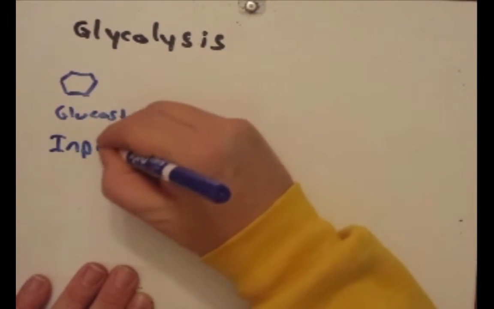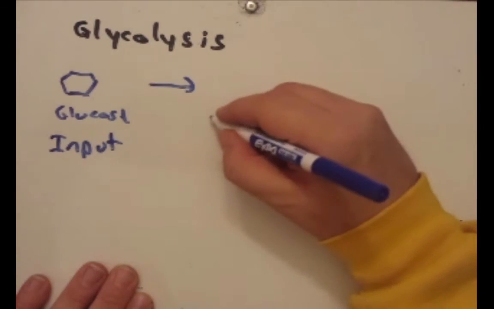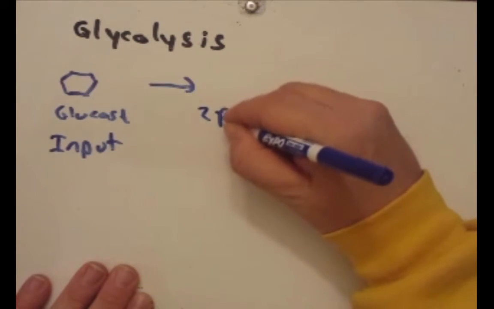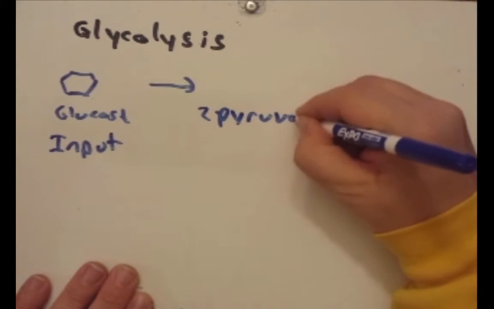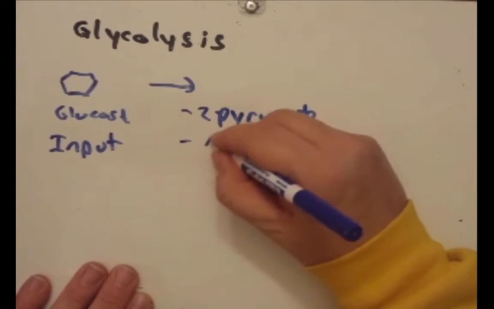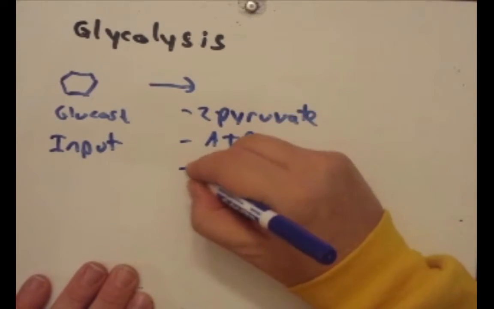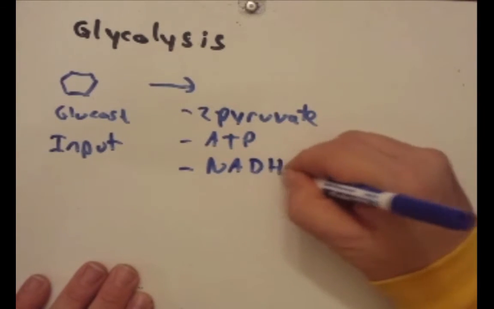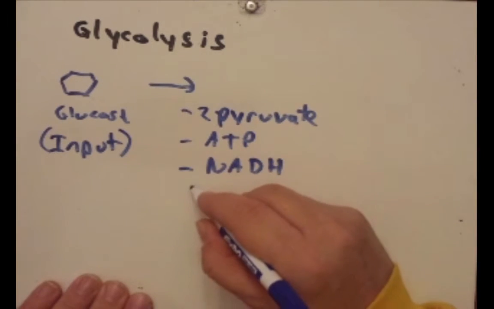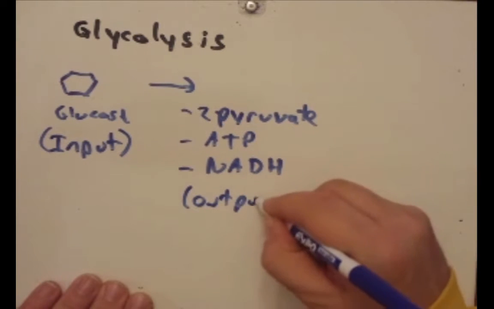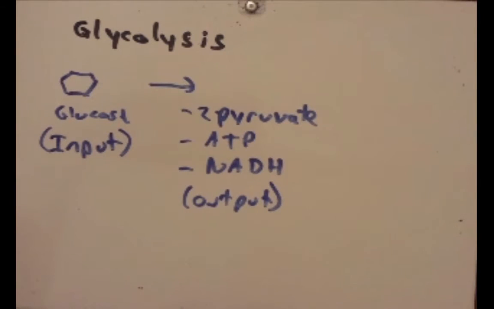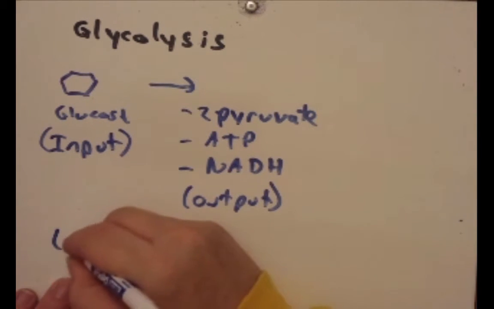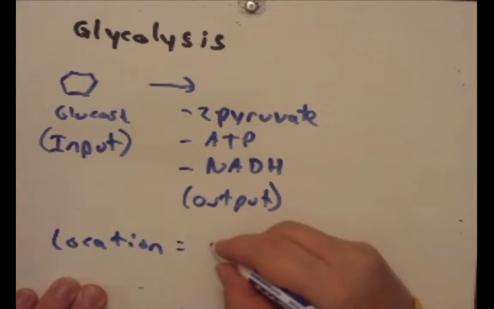This is what's put into glycolysis. And our output is 2 pyruvate plus a small amount of ATP and NADH. Again, our electron carrier. This is our output. The purpose of glycolysis is to break down glucose to produce these molecules. We should also remind you where the location is. This occurs in the cytoplasm.